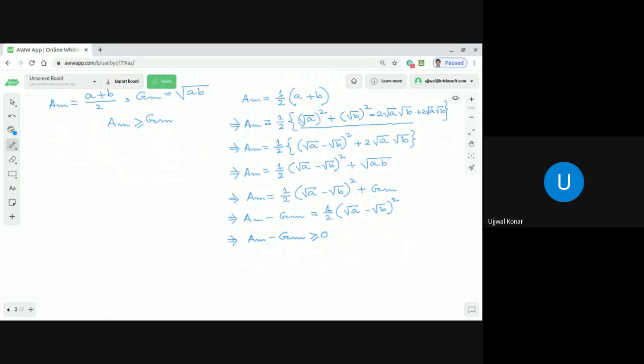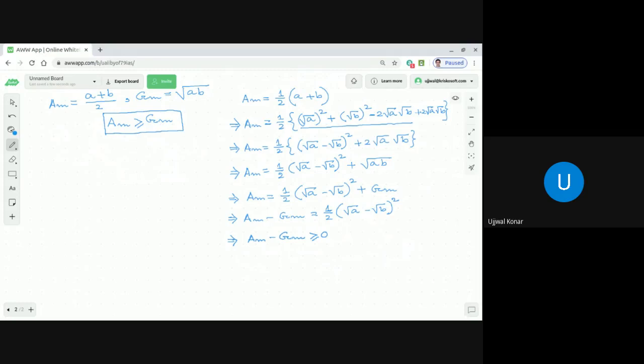But why did I write it when equality happens? When I wrote that arithmetic mean, if you see in the left hand side, arithmetic mean is greater than or equal to geometric mean. What does it mean? It means that either AM is greater than GM or AM is equal to GM. That means there will be some cases where you will find AM is equal to GM. What is that case?